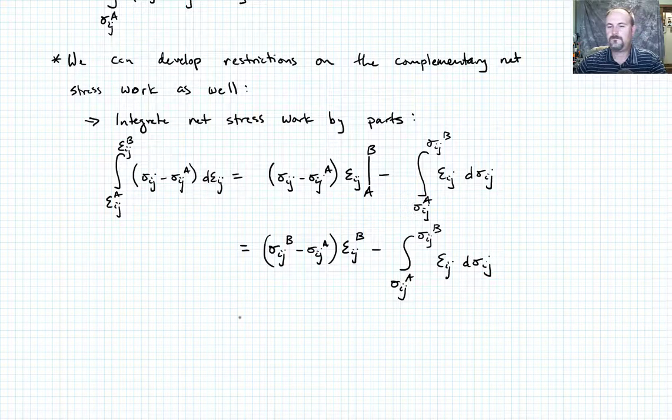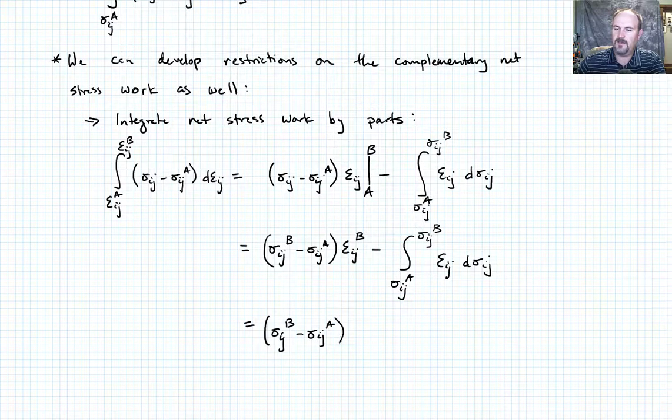Okay? So now we do a little bit of a trick. We want this term to look like epsilon ij minus epsilon ij a, right? In order for us to have it be the complementary strain energy, sorry, the complementary net work rather. So what we can do is simply add and subtract this quantity times epsilon ij a, and so we would write this as sigma ij b minus sigma ij a times epsilon ij b minus epsilon ij a.